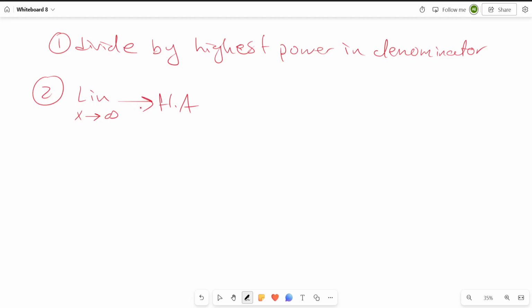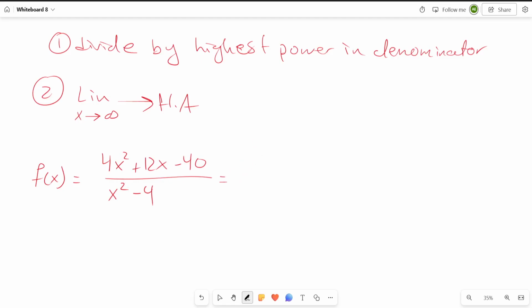Let's start by saying that we have a function f of x equals (4x squared plus 12x minus 40) over (x squared minus 4). Okay, so the first step is divide every single term by the highest power in the denominator. So what is the highest power of x in the denominator? Obviously, it's x squared. So we're going to divide every single term up and down by x squared.